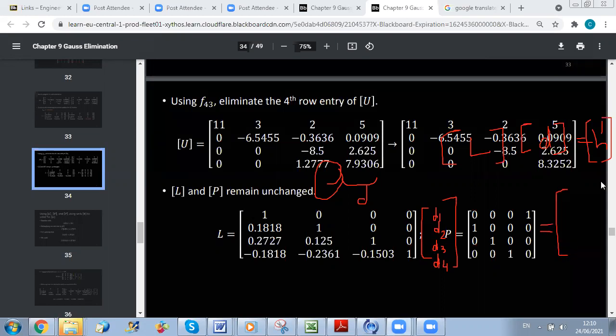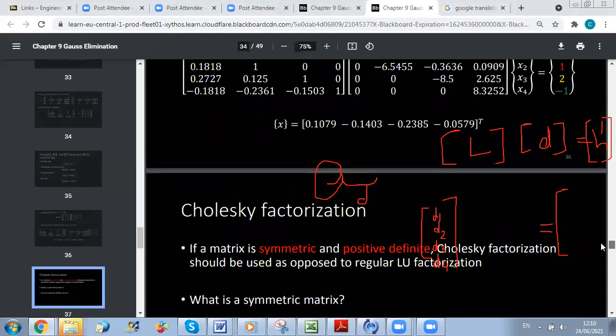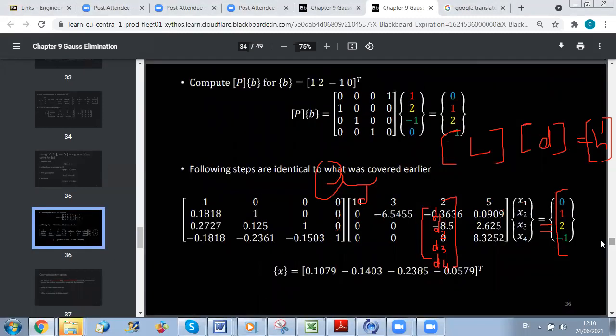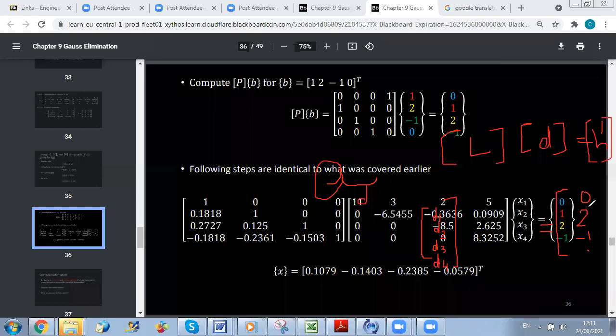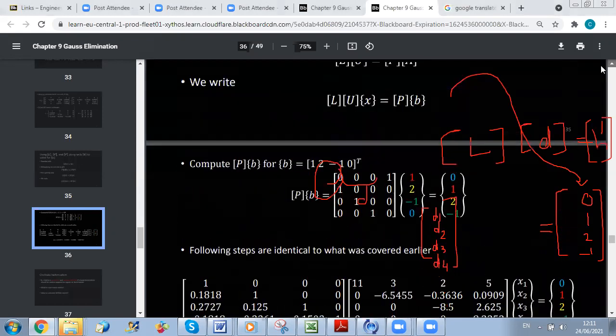So let us write it here. B prime is 0, 1, 2, minus 1. I take P times B, which is 0, 1, 2, minus 1. And now I go back to L times D equals B prime. So here I have L.